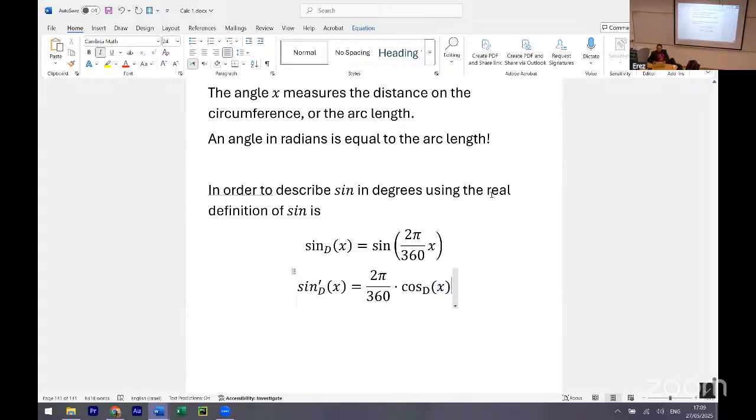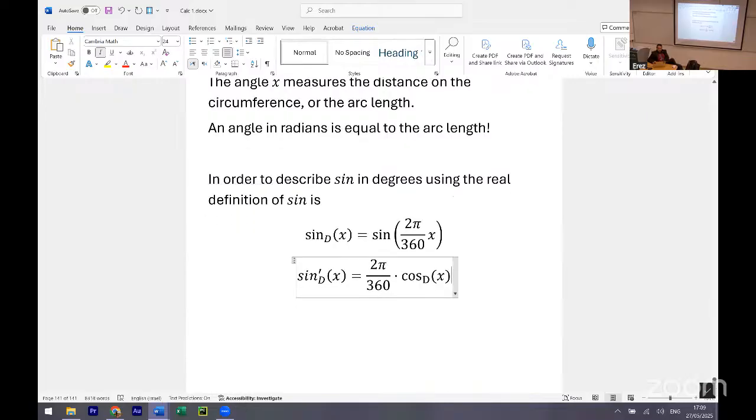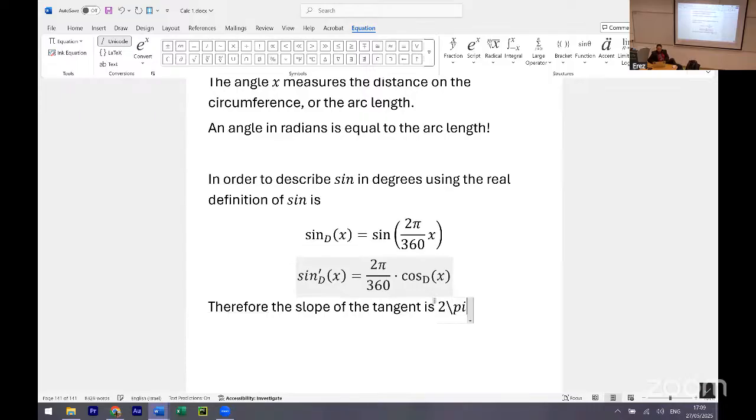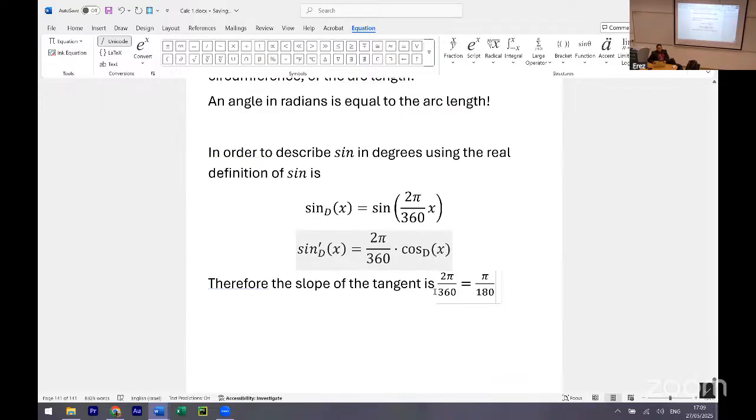But you still need the 2 pi over 360 inside, not because I wrote in degrees. So it's the same thing. In any case, therefore, the slope of the tangent is 2 pi over 360, which is pi over 180. It's driving me nuts. It's pi over 180.